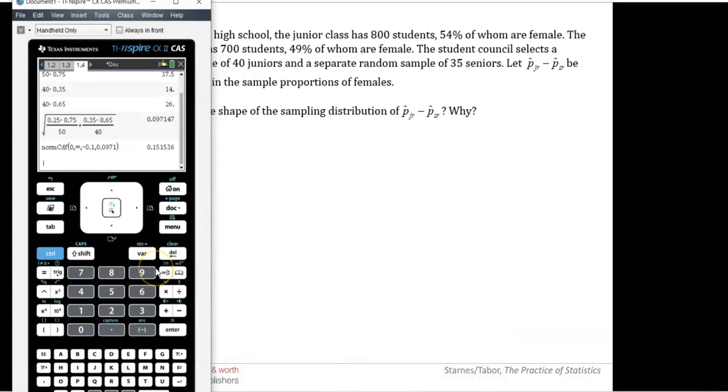So what is the shape? To check the shape, you've got to do 800 times 0.54, 800 times 0.46, I believe, and then 700 times 0.49, 700 times 0.51.